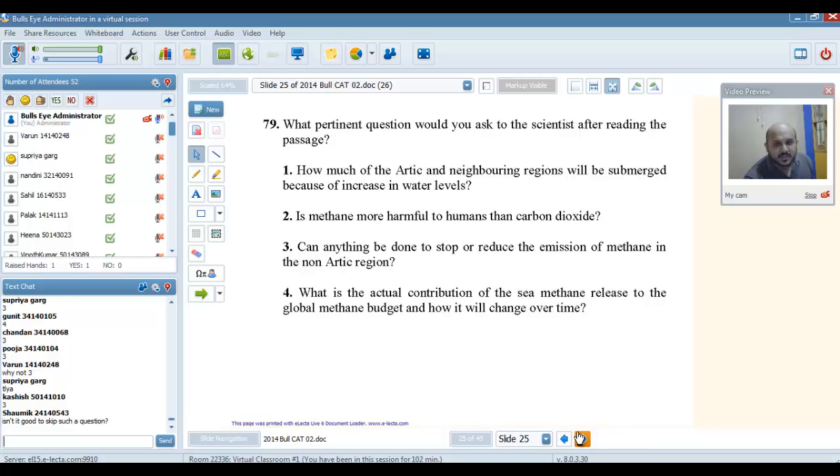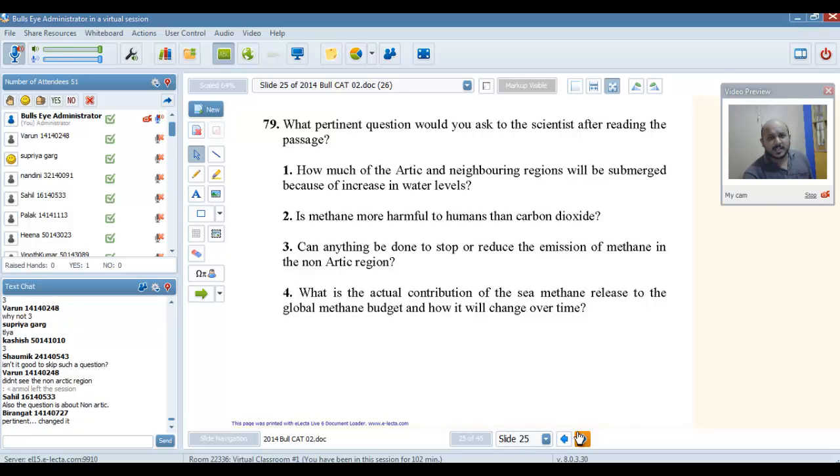That release is going to happen. Now what is pertinent for me is how much. What is going to be the impact of that release? That impact is given to me by option number 4. It provides what will be the impact of that methane which is released.